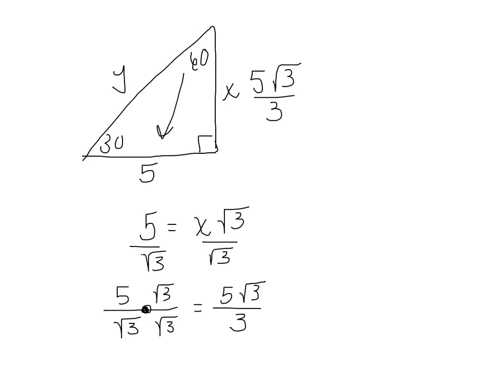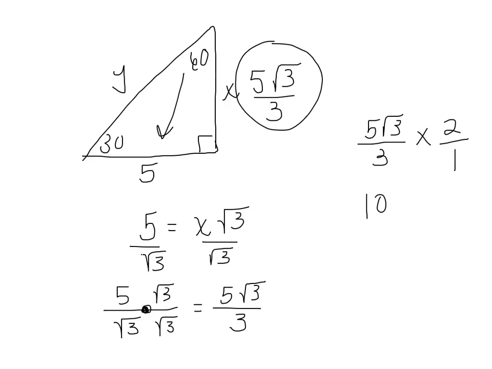Now, to find the hypotenuse of that, remember, the rule is you take whatever this is, the side opposite the 30, and you double it. So 5 square root of 3 over 3 times 2 over 1 is going to be 10 square root of 3 over 3.